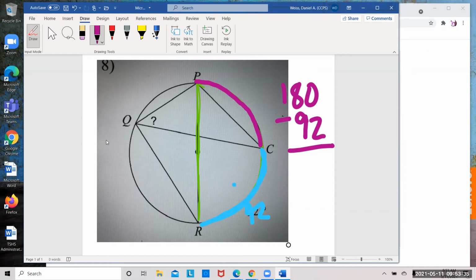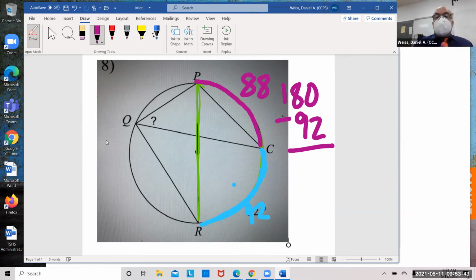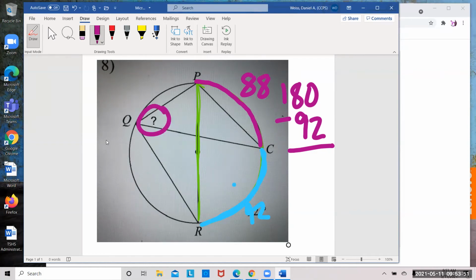Okay. So what's 180 minus 92? Well, that's going to be 88, okay? But I want this guy, so I've got to take half of 88 to get that guy. And I'm going to leave that to you. I need to find the half of 88. Yes, but please don't say out loud what that is. Okay? Okay, thank you. You're welcome.